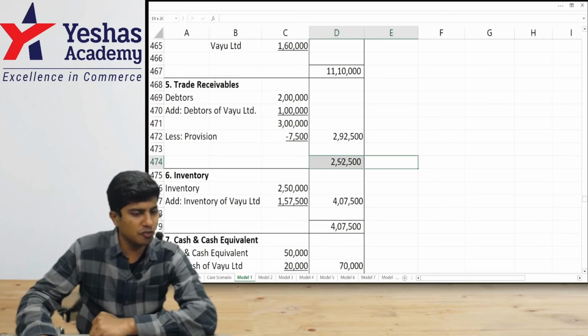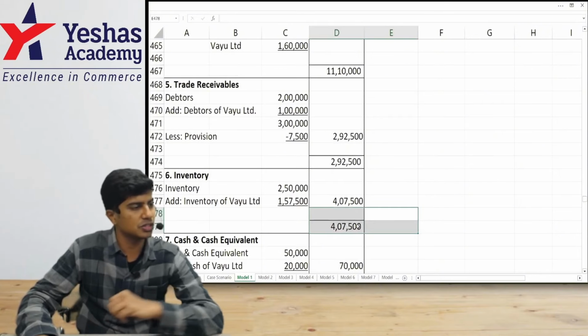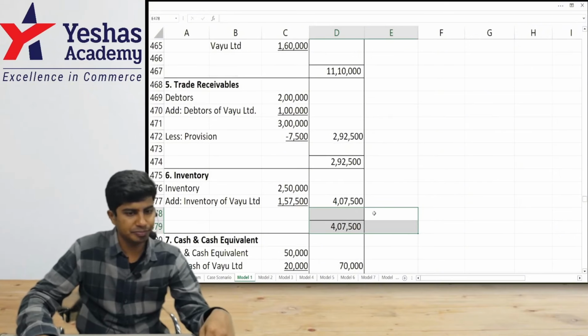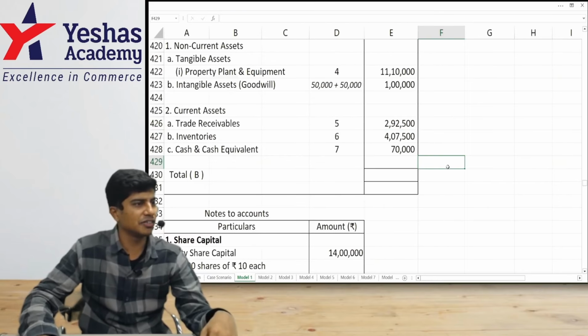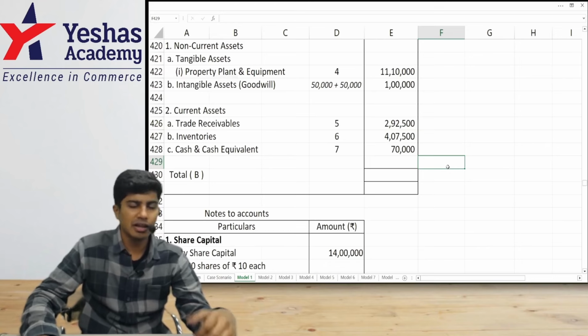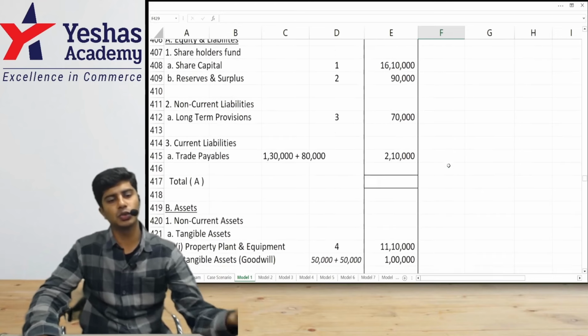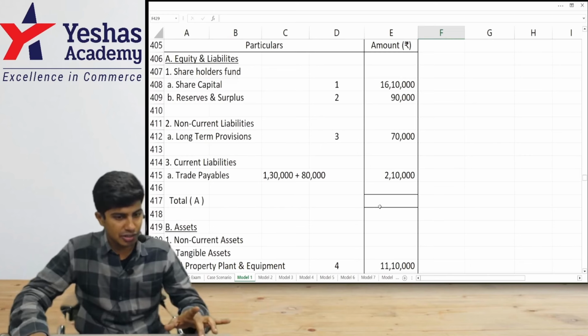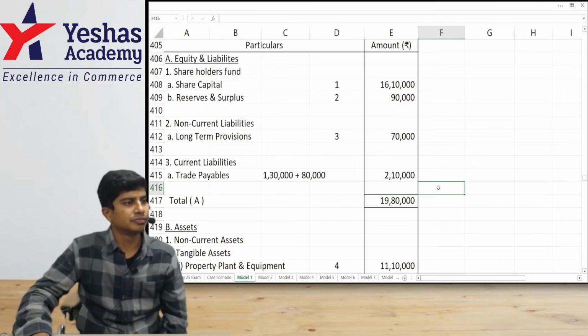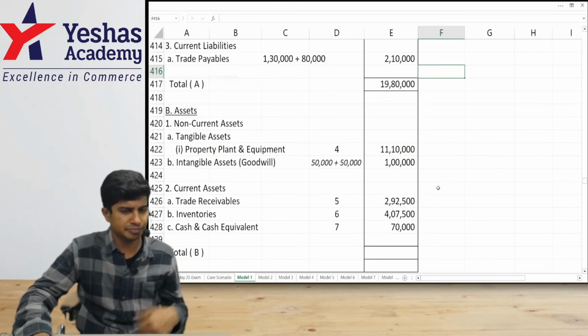Trade receivables 2,92,500, inventory 4 lakh 7,500. Cash already written. Done. All the notes to accounts have been posted. Now total liability side, everyone. Come on. How much? Very good. Check asset side.